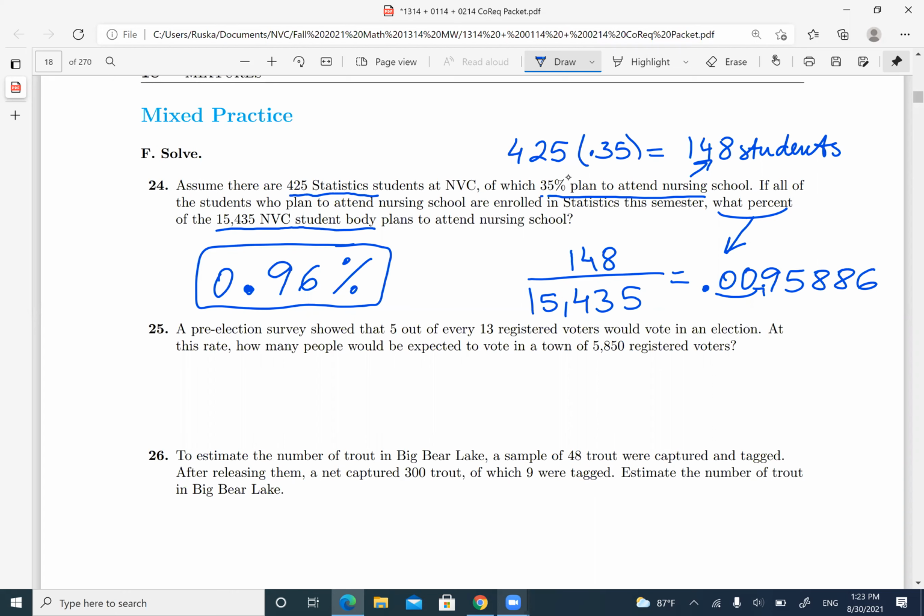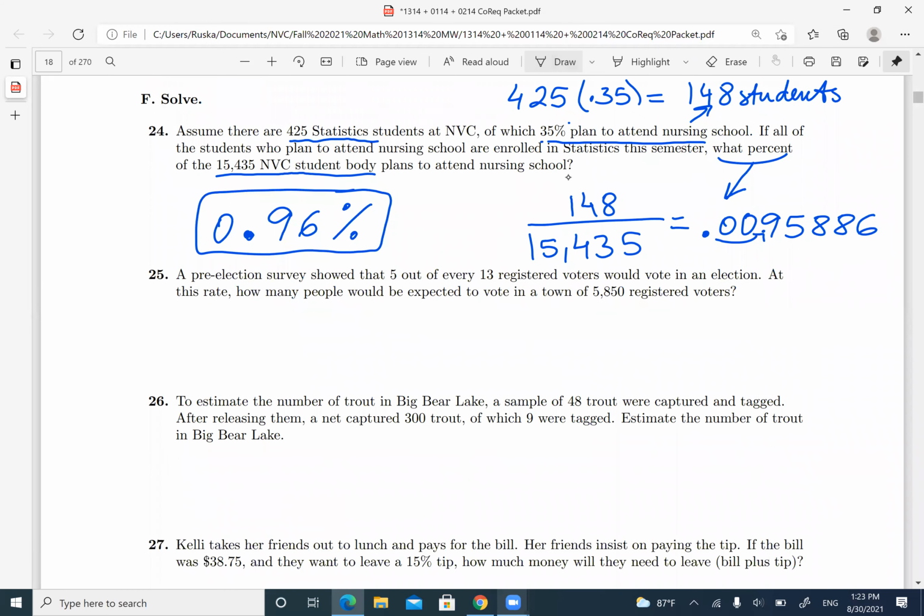Let's go ahead and do number 25. So number 25, we have a pre-election survey that shows that 5 out of every 13 registered voters would vote in an election. On this rate, how many people will be expected to vote in a town of 5,850 registered voters?